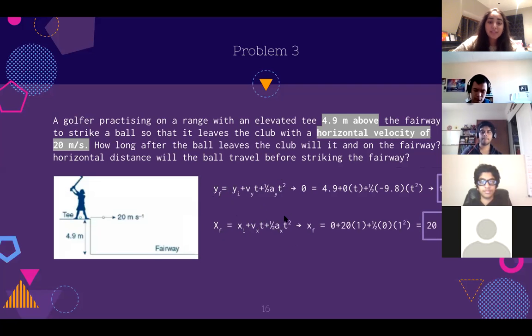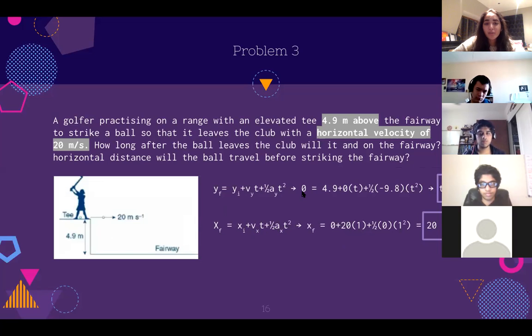And we use the same equation because we have time, which is 1 second, we now know that. We have the initial velocity, we know is 20, and we have the acceleration, which is 0, and that the initial x is 0. And solving through all of that, again, just plugging and chugging, we get that the final x position is 20 meters.